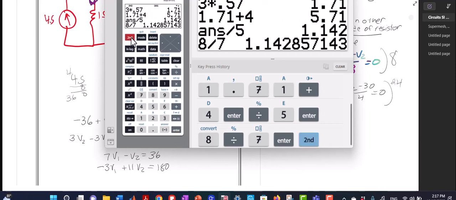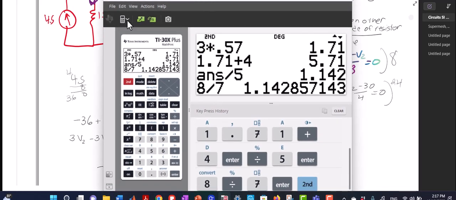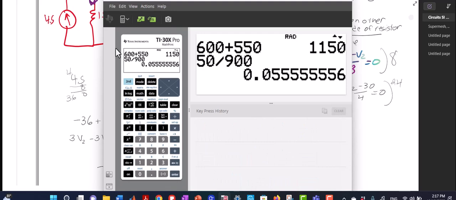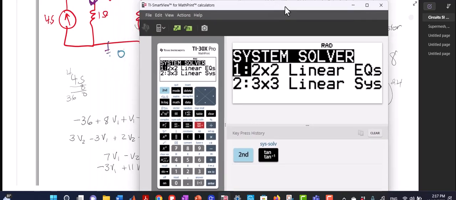So second, system solve. The wrong calculator. Yep. Second, system solve, and I have a 2 by 2.